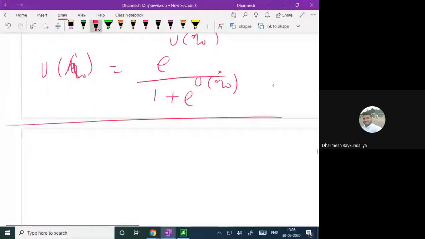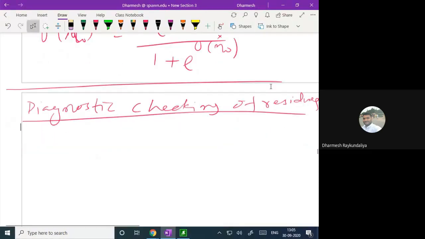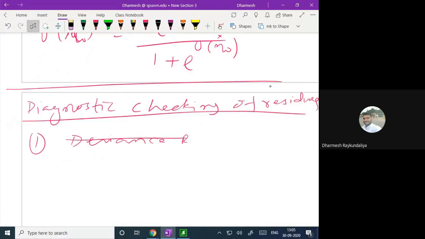But again, we wish to do diagnostic checking of residuals. In generalized linear models, we usually use three types of residuals. Let us start with the Pearson residual.